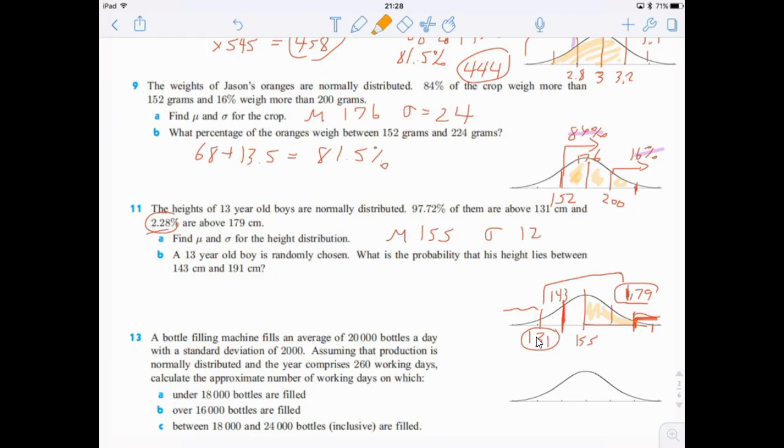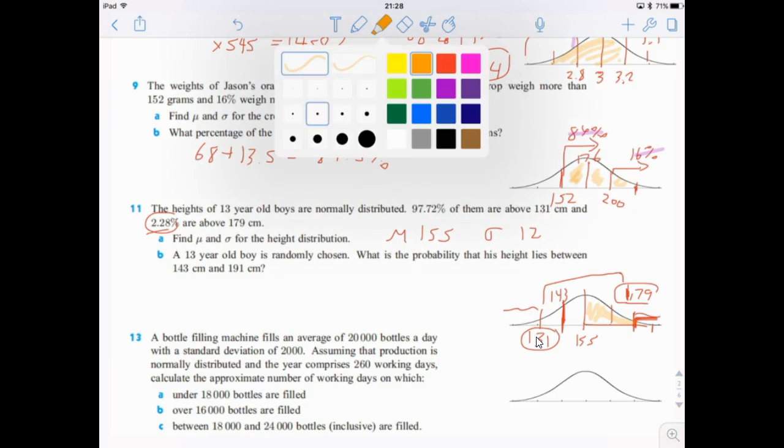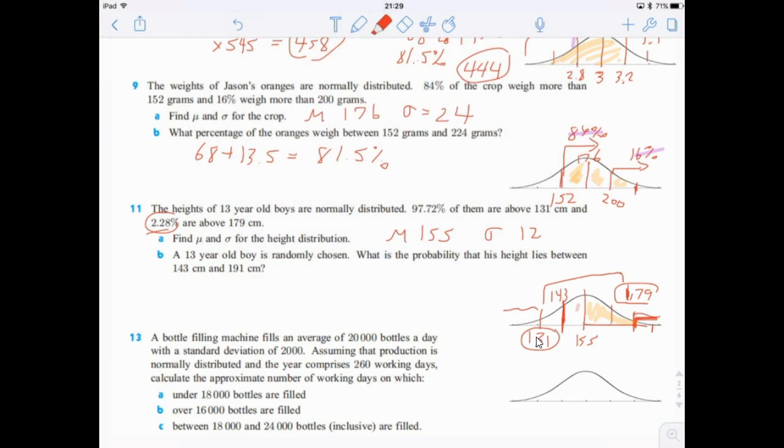This orange area is pretty much 50%. And then 143, that's about 34%, right? Because it's half of 68%. So let's just say 34% plus 50%, which is 84%. Okay? We don't even need to worry about this part here that's not counted because it's really small.